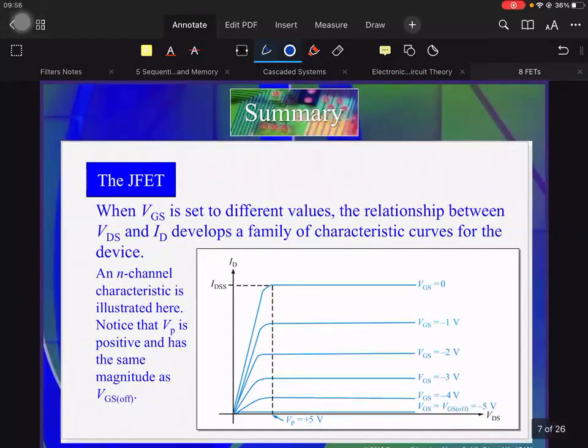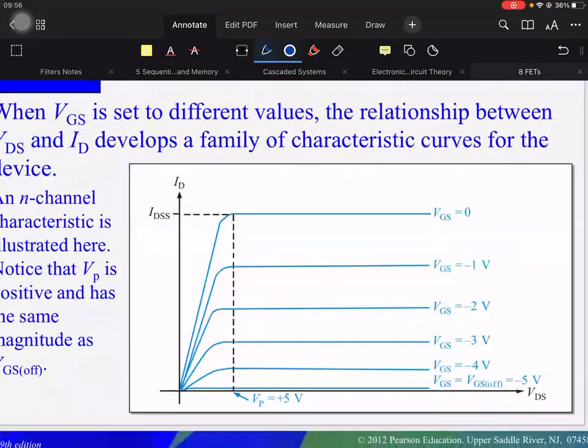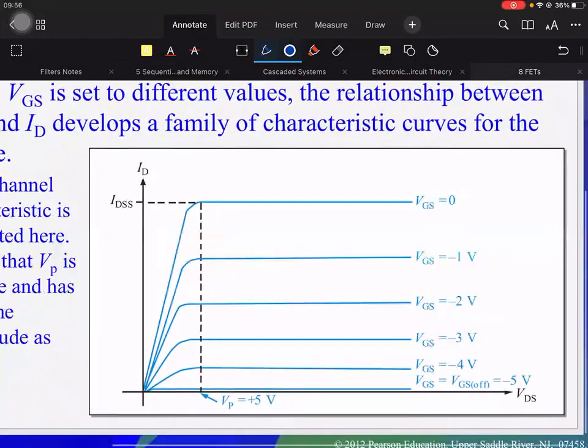So this is another way to look at, or another perspective of, a characteristic curve of the JFET. This is for different values of VGS. So depende sa amount of VGS that we apply to the gate terminal, we'll just pick any of these.